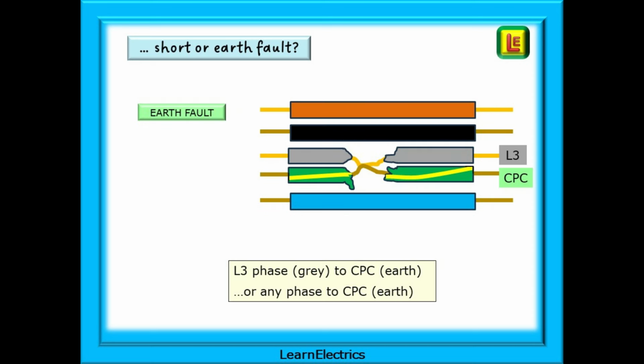Now we have an earth fault, in this case L3 to earth or CPC. Neutral and earth are the same point electrically back at the intake position, but we can have a neutral to earth fault if the problem, the connection, is in some other part of the circuit where it shouldn't be.